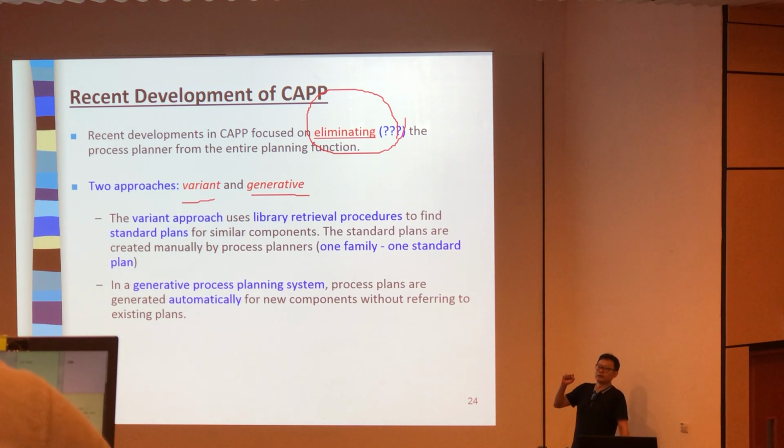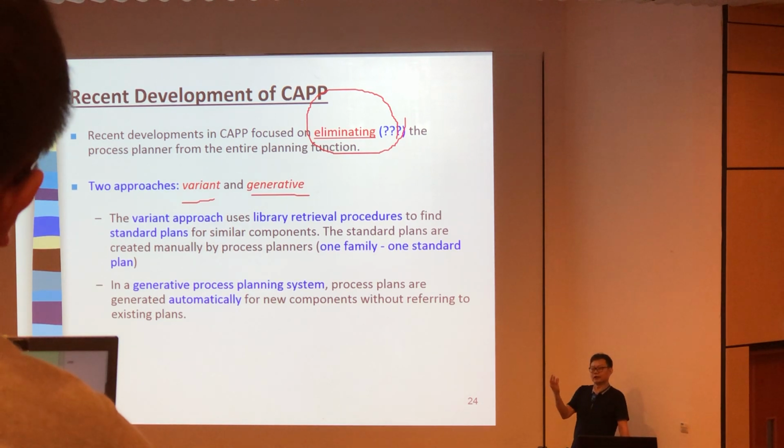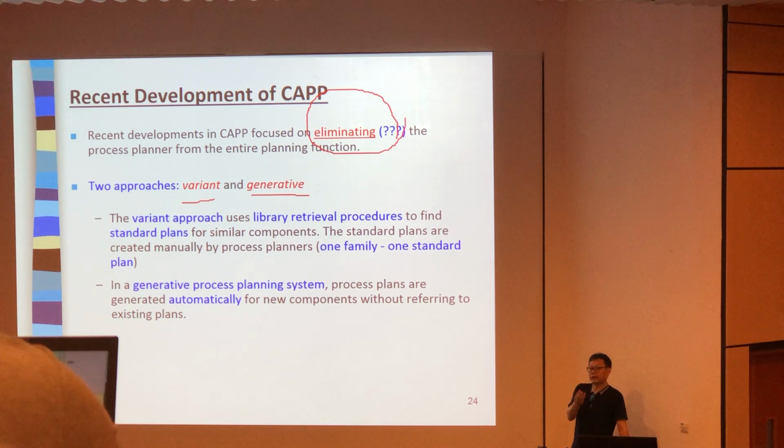Now when we have a new job, a new part to fabricate, the first task is we check this new part and find which existing part family this new part belongs to. If such a family can be found, each family would have a master process plan or a standard process plan. You can retrieve that. And you've got a plan that roughly meets the requirement for the part at hand.